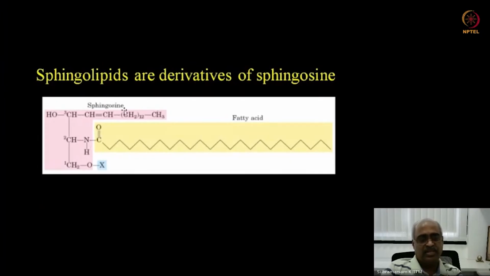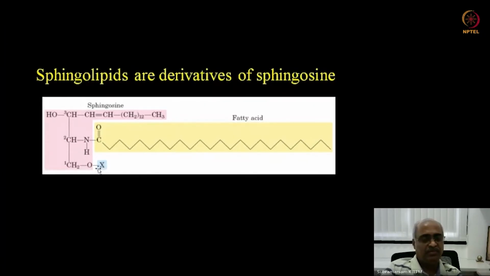But its side chain here, it is a long amino alcohol. So it has OH groups and then an amino group. It's a long chain amino alcohol having one double bond. And in the second carbon, you have the amino group where you can have an acyl moiety. And then this alcohol group can be derivatized with polar groups just like the glycerophospholipids.